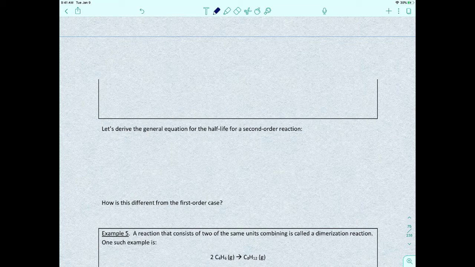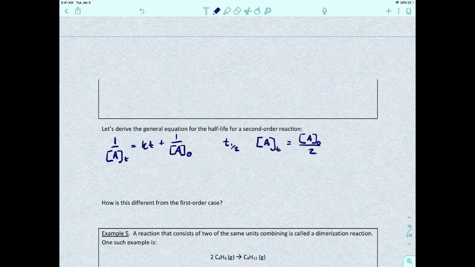Let me write the second order equation again: 1 over [A] at a certain time t is equal to kt plus 1 over the initial concentration of A. Now, at half-life, the concentration of A at time t is going to be the initial concentration of A divided by 2, because by definition, one half-life is the amount of time it takes to break down half of the original amount.